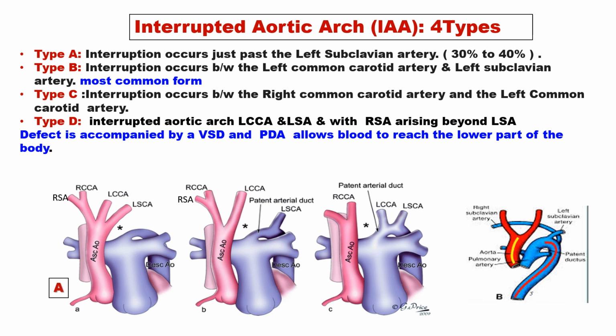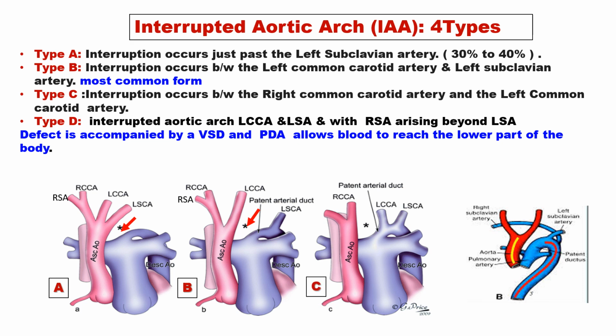Type A, interruption occurs just after the left subclavian artery. Type B, interruption is between the left common carotid and left subclavian artery, which is the most common form of interrupted aortic arch.